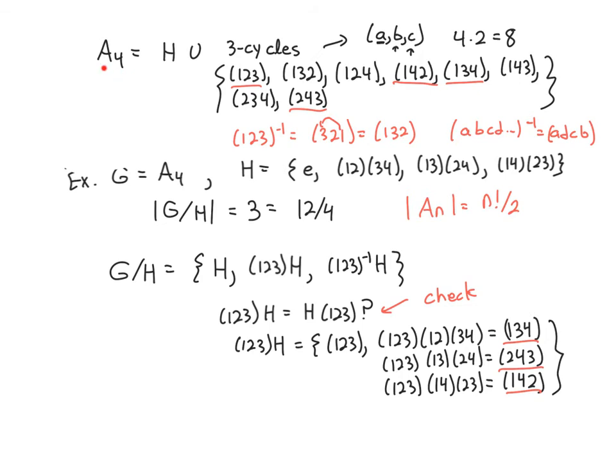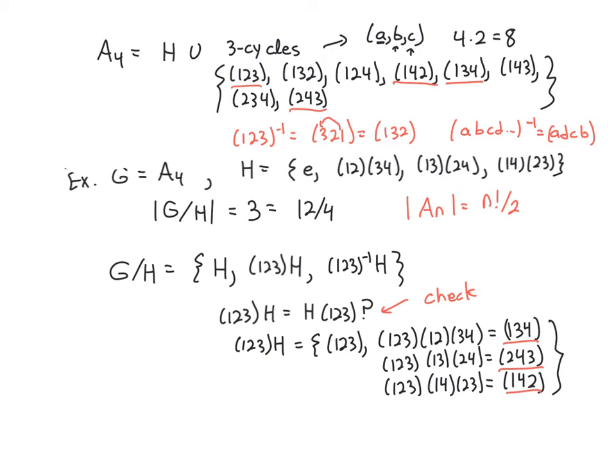Recall A4 contains these 4 elements in H, and it also contains all these 8 3-cycles. One choice of cosets ends up being H, (1 2 3) H, and (1 3 2) H, its inverse. That actually turns out to work quite well.